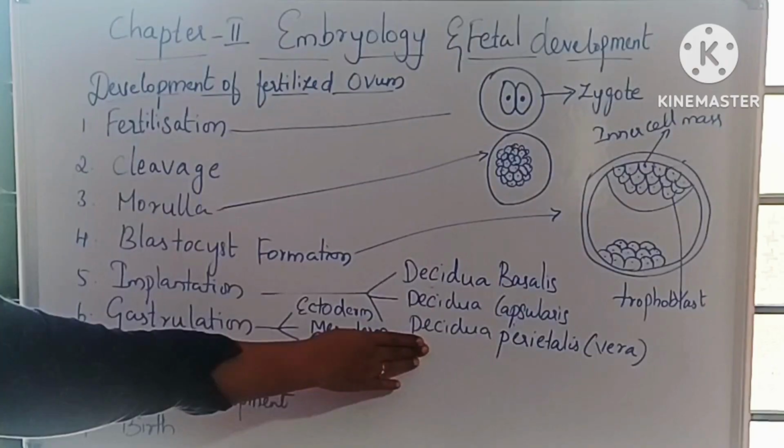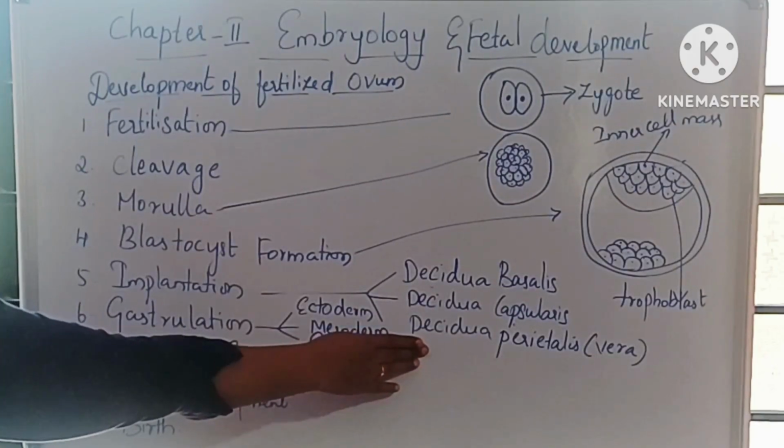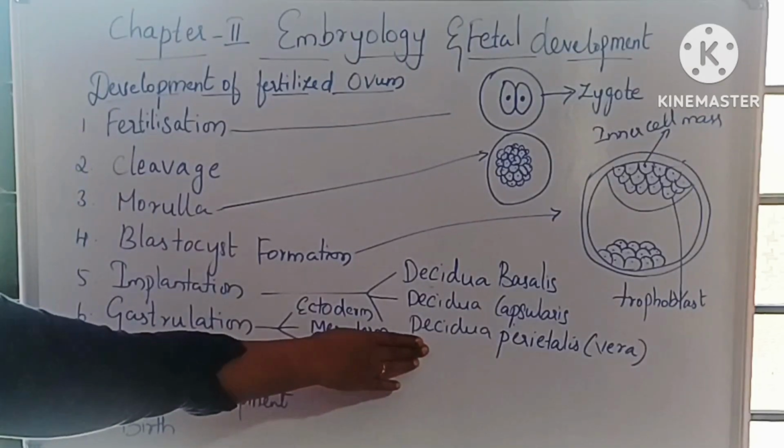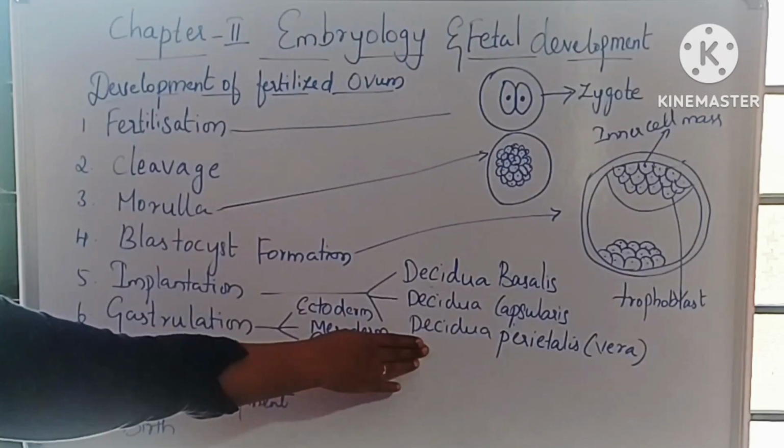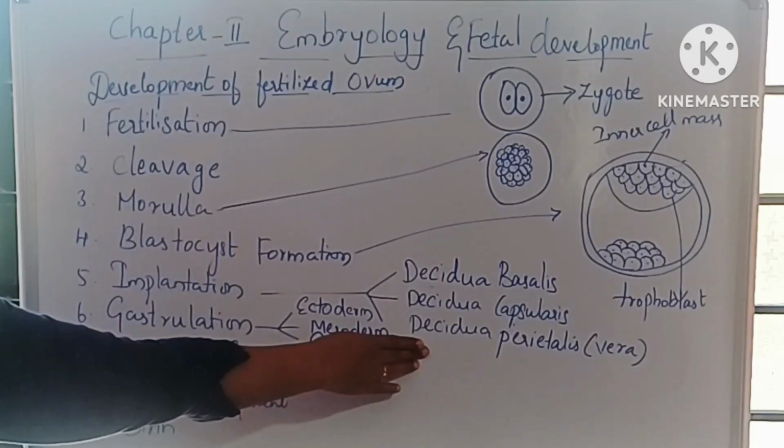It is not directly involved in the placenta. The blastocyst forms: trophoblast forms the placenta, inner cell mass forms the embryo.